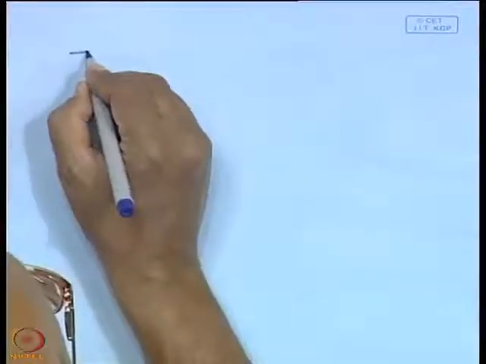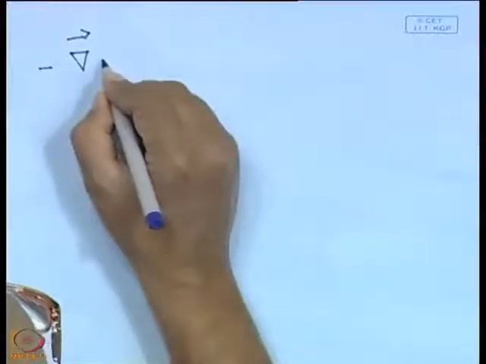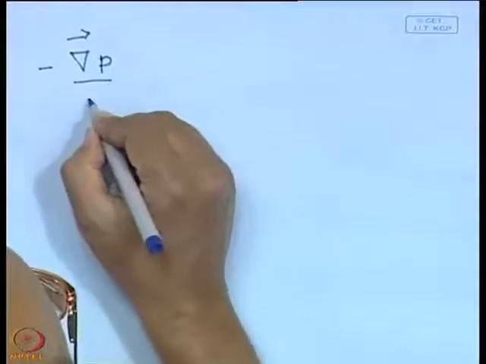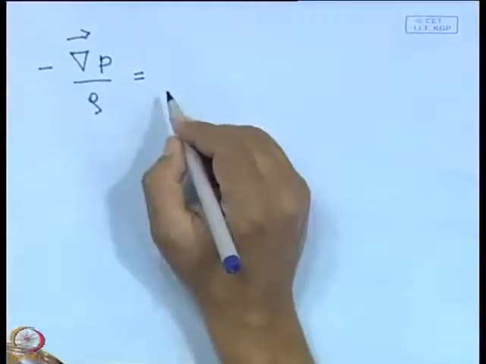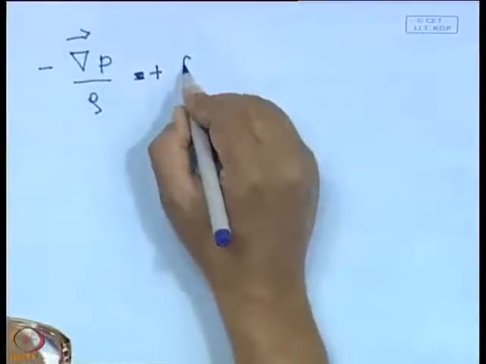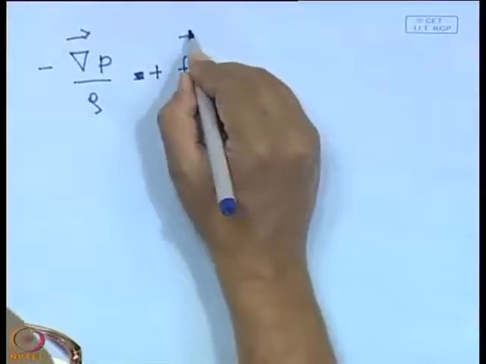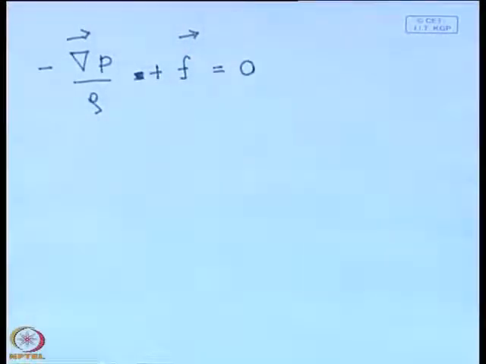So in hydrostatic equilibrium, the pressure gradient divided by the density, plus the force per unit mass F, these two should be balanced.